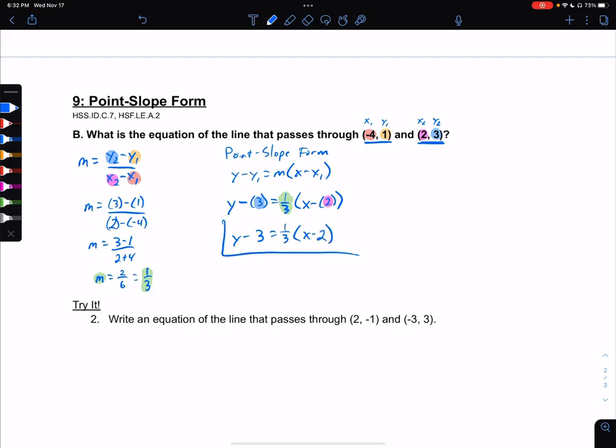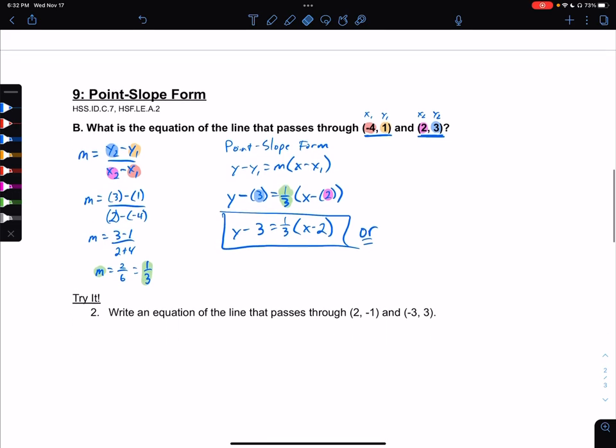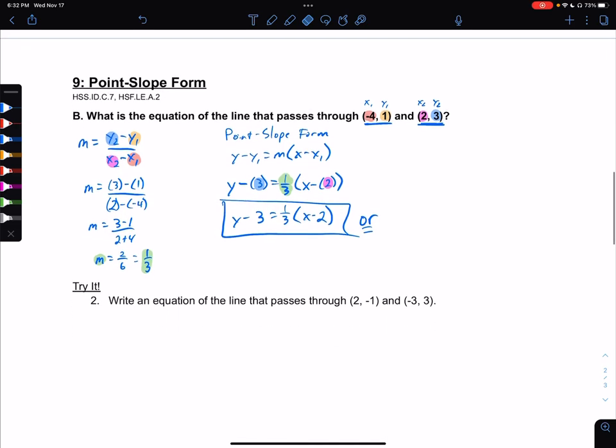So this is a solution, the equation in point-slope form, or instead of using that point, I could have used the other point. So I can use y minus 1, where I'm using this first point, equals 1/3 times x minus -4.